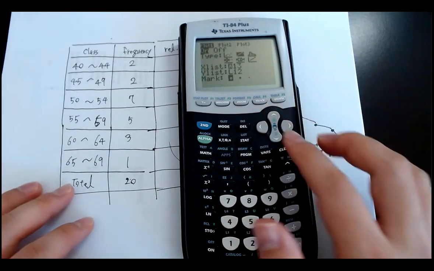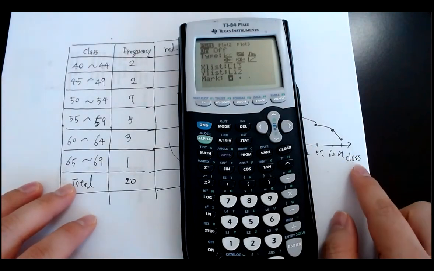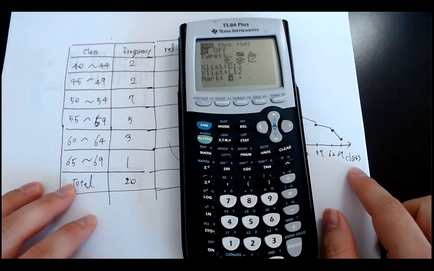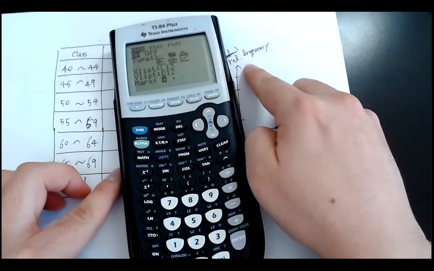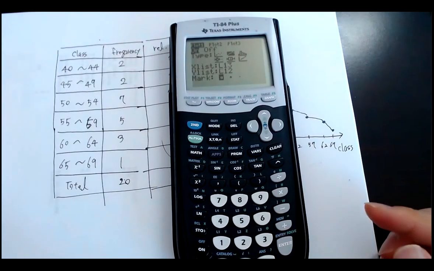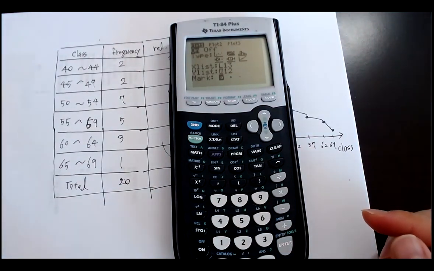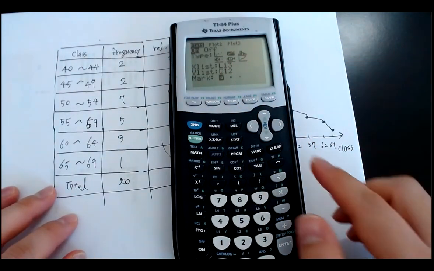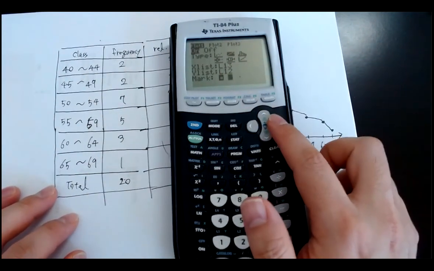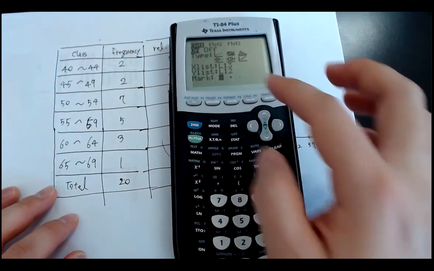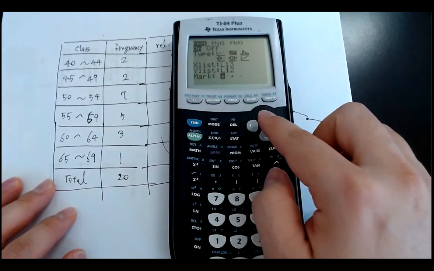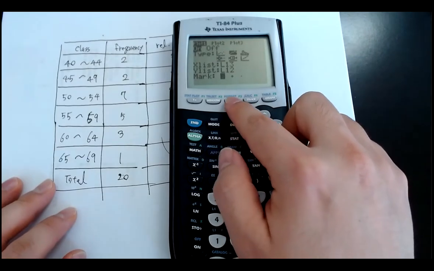The X list should be the middle class value, right? So L13, and the Y list represents relative frequency, so I enter L12, and then you can choose any marker. I just choose a square.